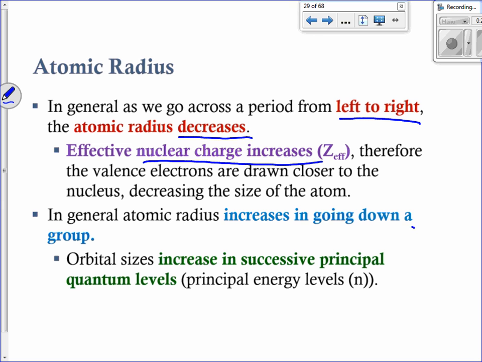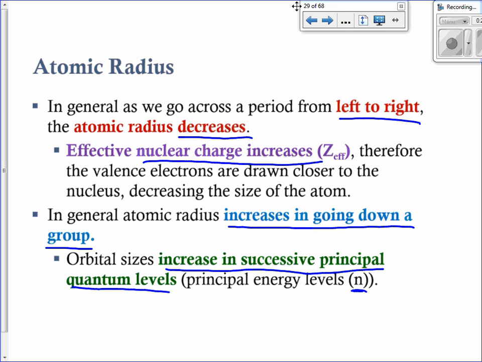It increases as you go down a group, simply because you're gaining more principal quantum numbers, more energy levels. You're getting more shells, more core electrons, you're getting bigger due to that. And those core electrons repel each other, so that creates more space. So that's why atomic radius gets bigger as you go down.